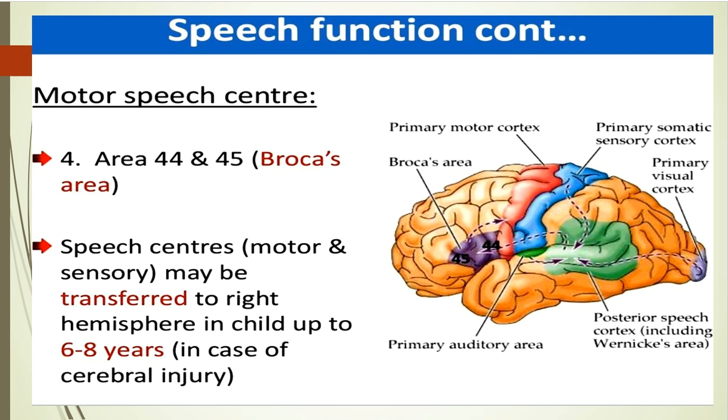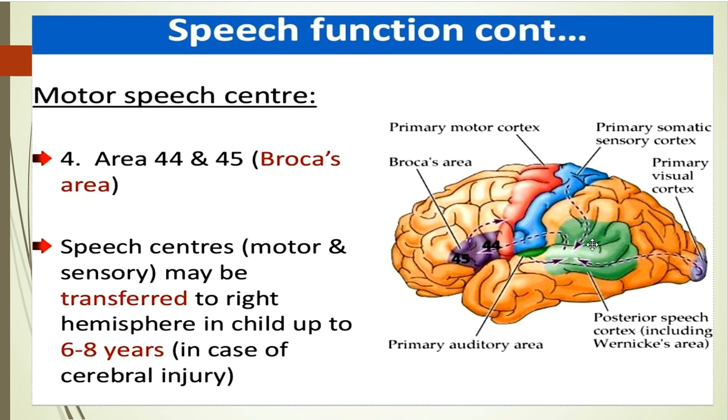The entire speech system features sensory and motor centers. Sensory centers reside in the posterior speech area. We said here, the posterior speech area, speech cortex, including Wernicke's area, and they deal with the perception of auditory signals.